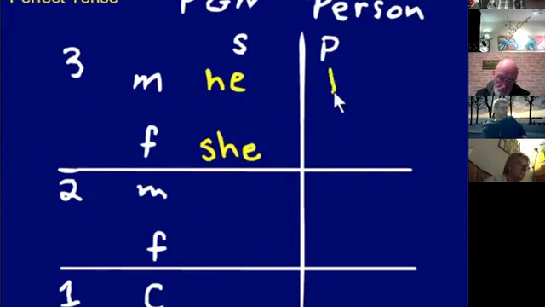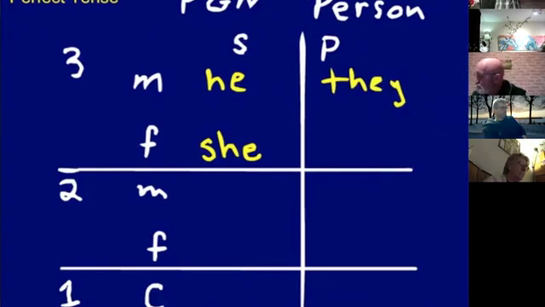Plural, we have they. Now in this paradigm, the perfect paradigm, there is no masculine feminine distinction in the plural. And so, let me change back to white. This is just referred to as C. So this would be 3CP, third common plural.